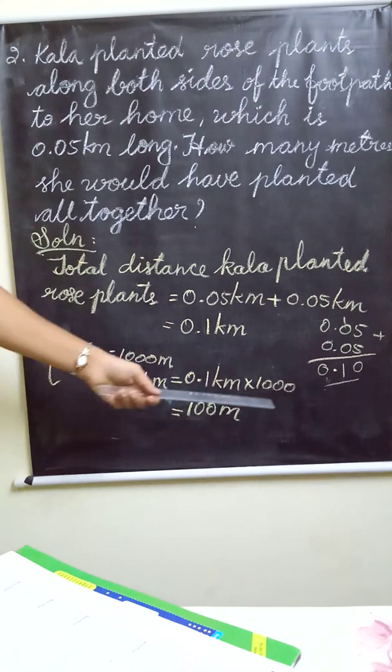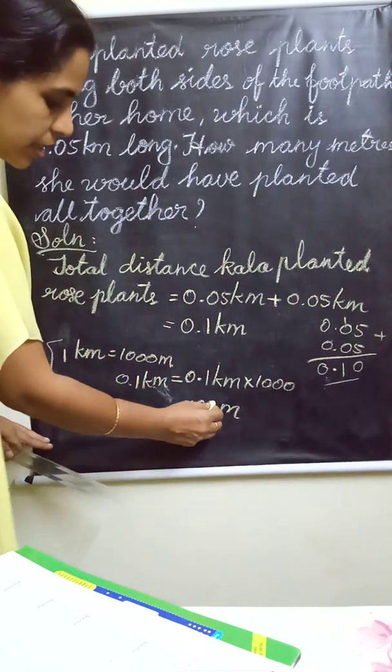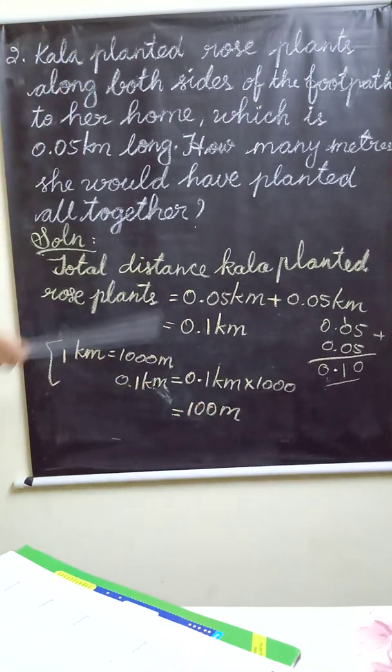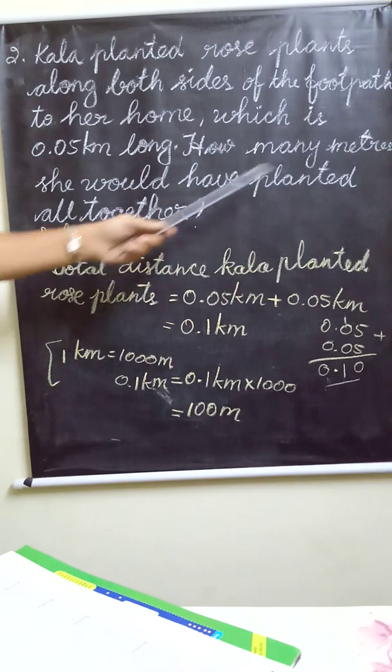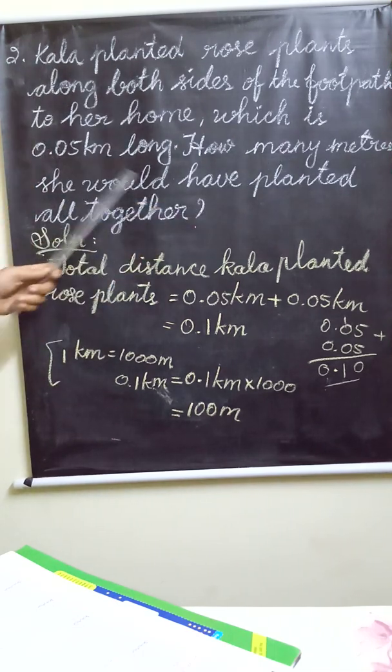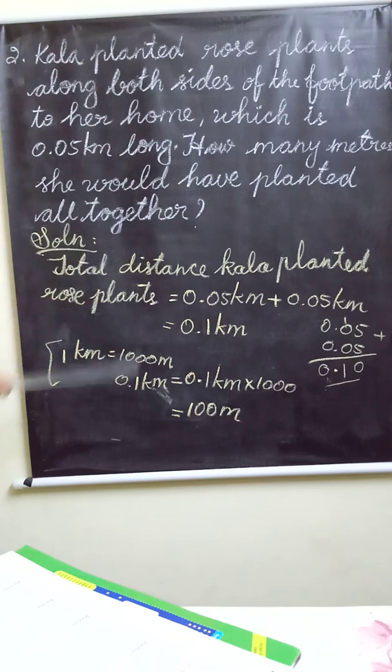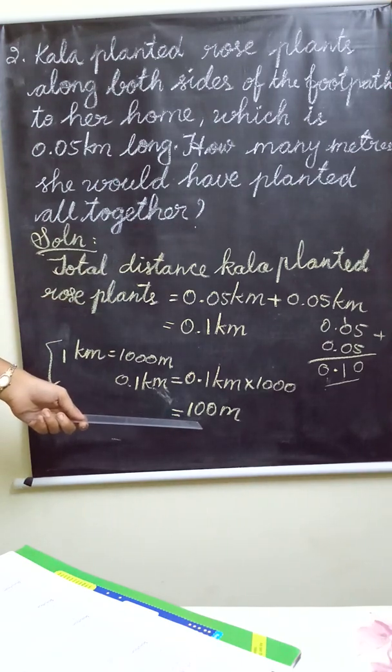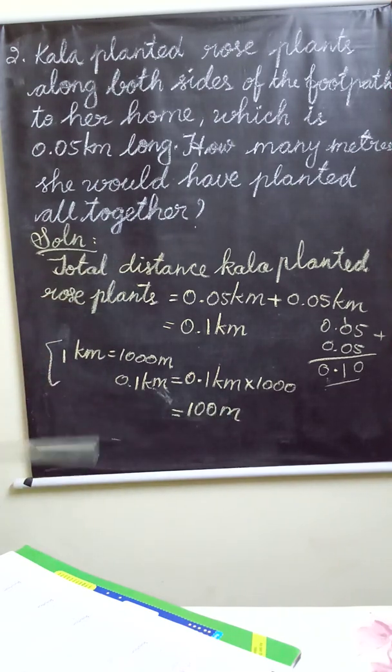We have to multiply these numbers. We will get 100 meter. So the total distance Kala would have planted altogether is 100 meter.